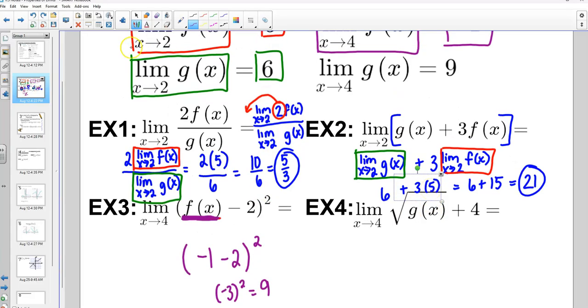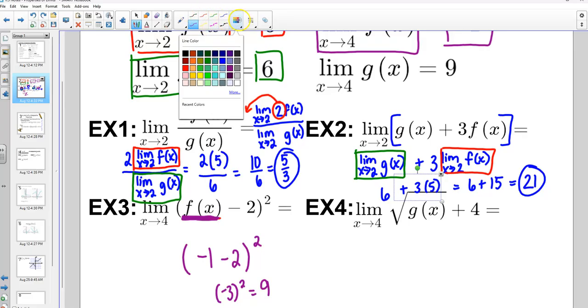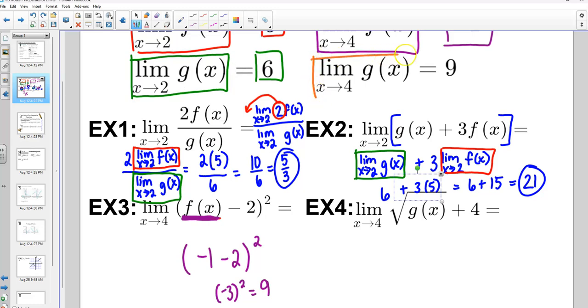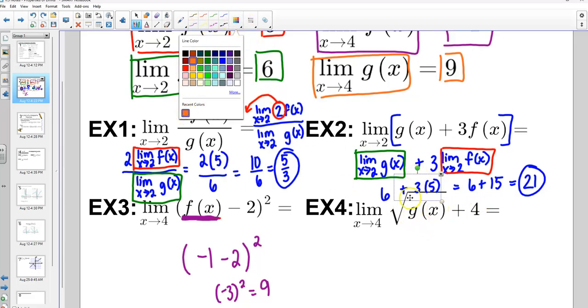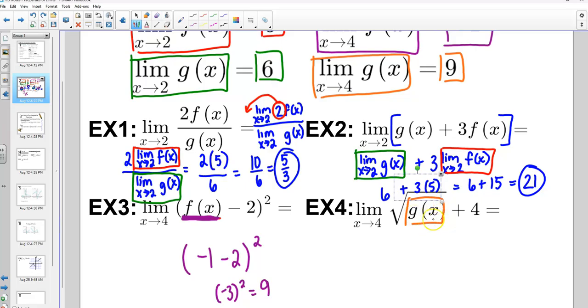And so for this last one over here, let's see, what color have I not used? It's orange. So for this last one over here, the limit as x approaches 4 of g of x is going to be 9. So when we do the limit of this stuff, we're going to get 9, right?